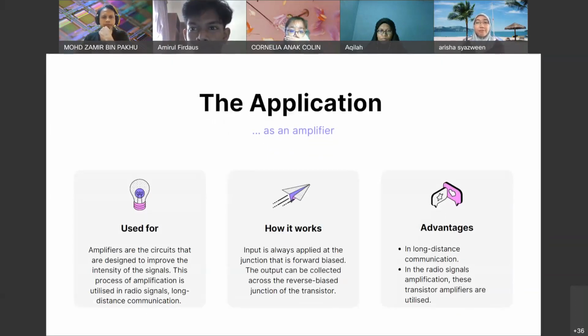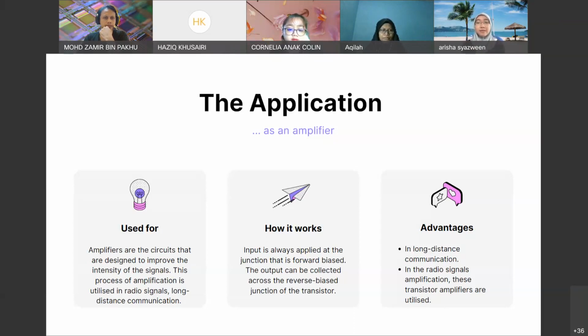So now I will talk about the application of BJT as an amplifier. Amplifiers are circuits that are used to increase the intensity of a signal depending on the application. The applied input can be either a voltage or current signal. This amplification process is used in radio signal and long-distance communication.